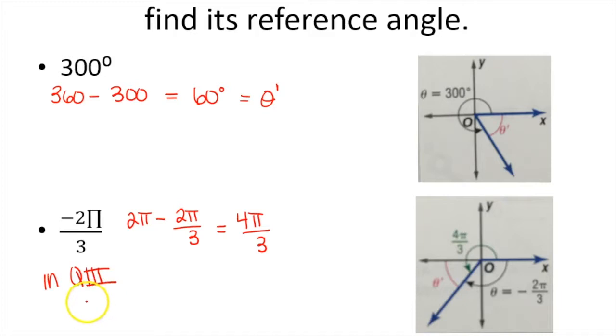So we are going to take the larger 4 pi over 3 minus pi, which gives us a reference angle of pi over 3, because you can just make this 3 pi over 3, so 4 minus 3 is 1.